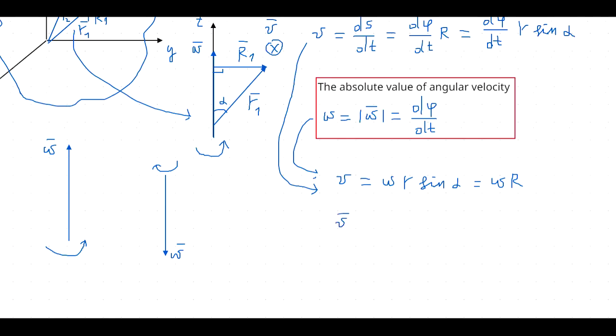According to this, we have the vector product or cross product omega r, and this is the same as omega cross product r. It is the velocity of any point of a perfectly rigid body.